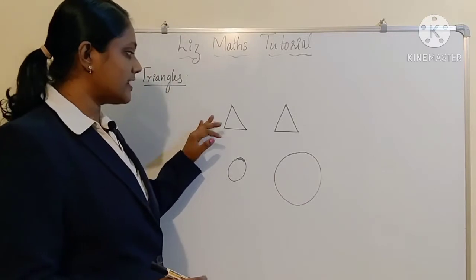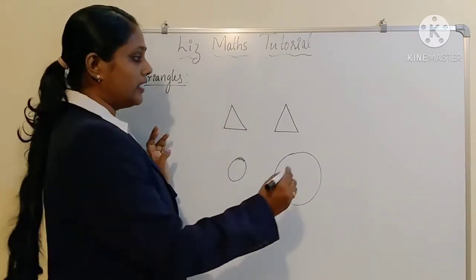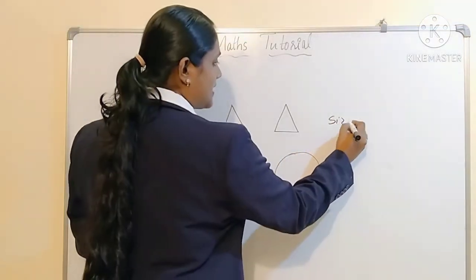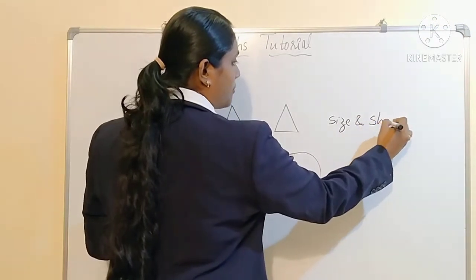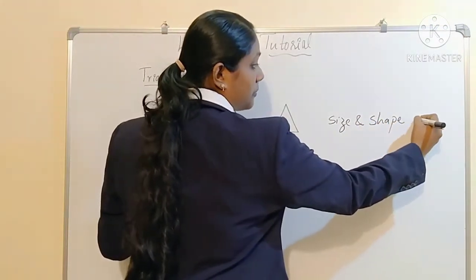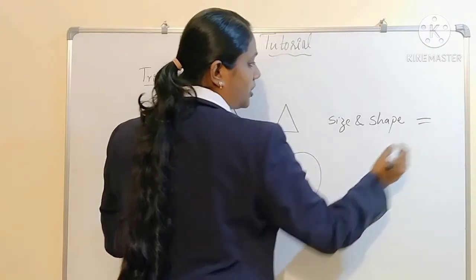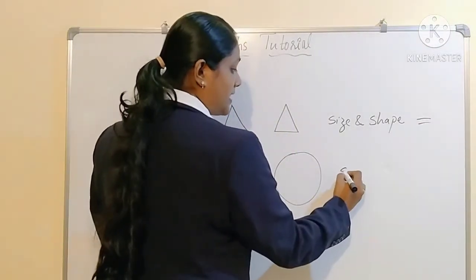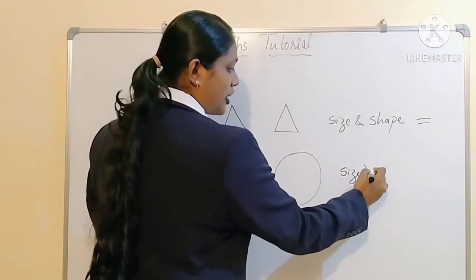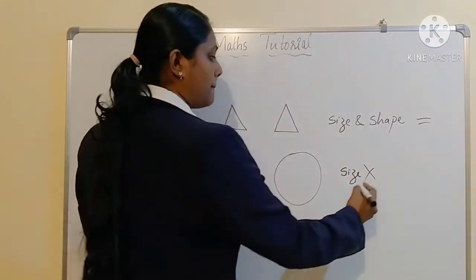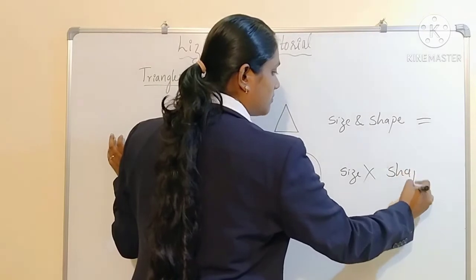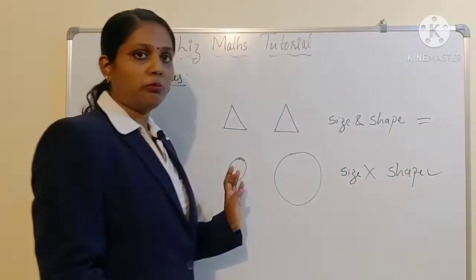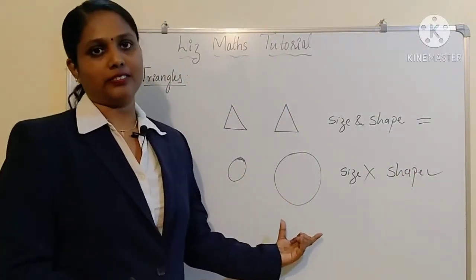Here you can find the size and shape both are equal. But here you can see the size is not equal, but the shape is the same, both are circles, isn't it?